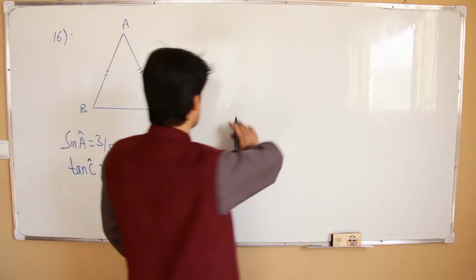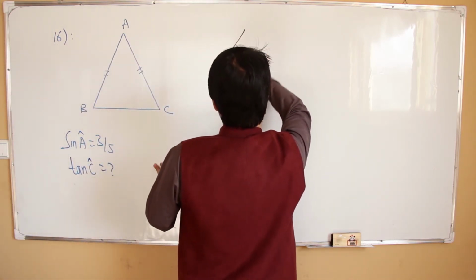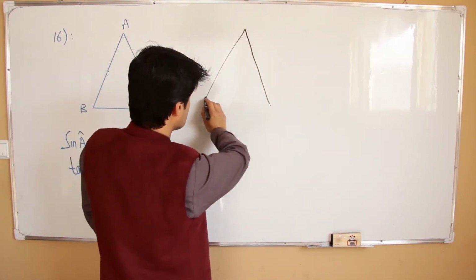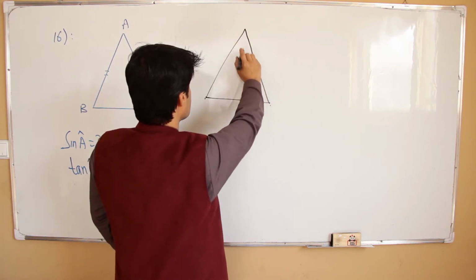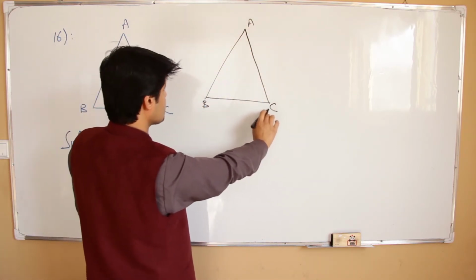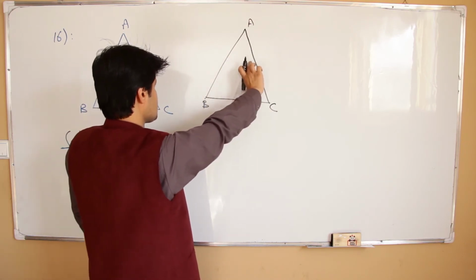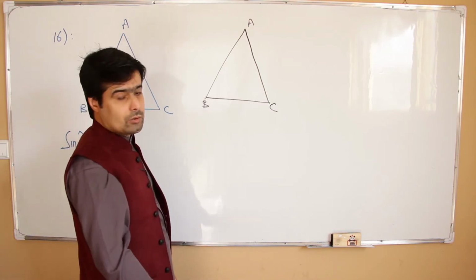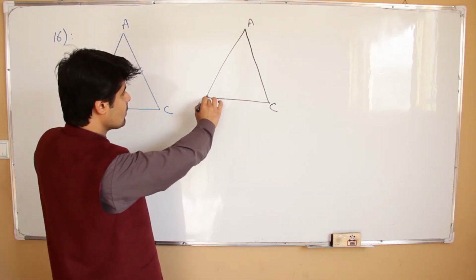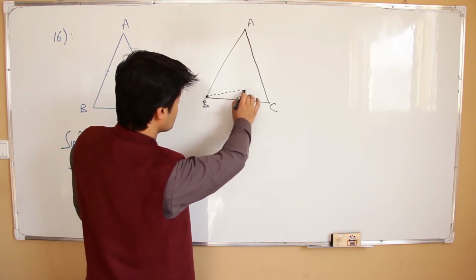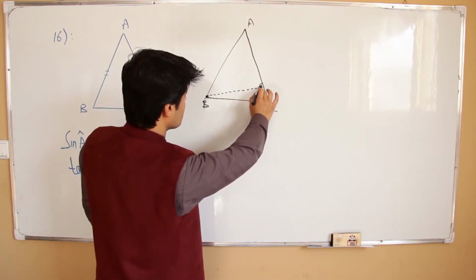What do I mean? I mean that this one is our triangle. In here we have A, we have B, and we have C. This side with this side, they are equal, but it is not a right angle triangle. So I will draw a perpendicular line on this side.